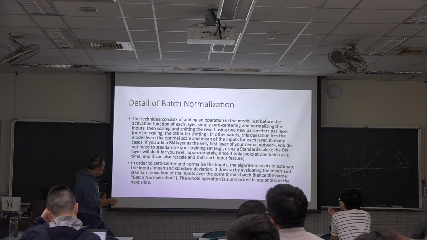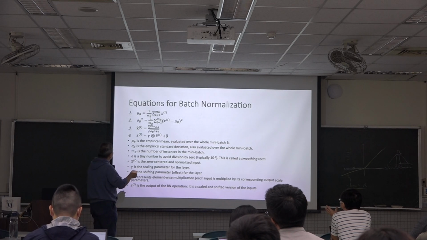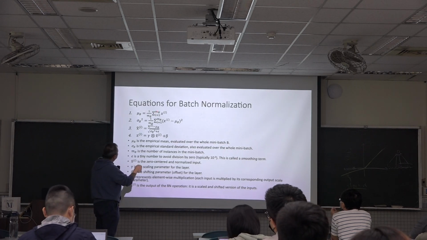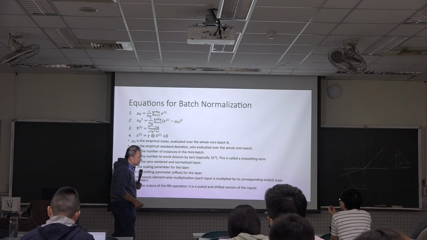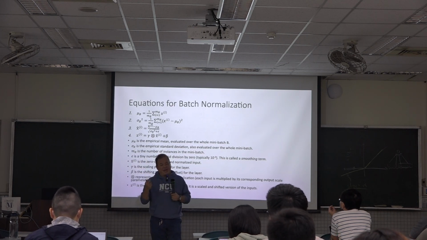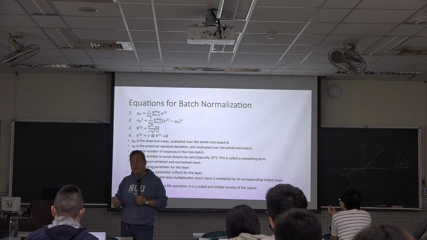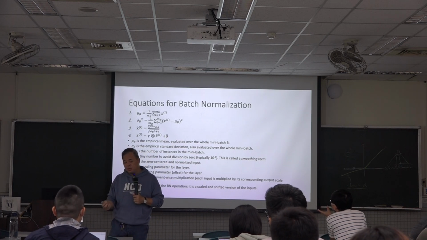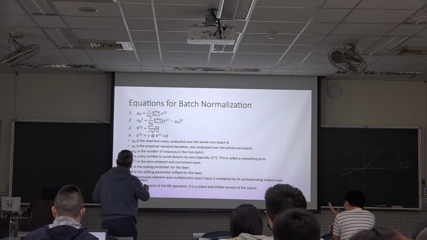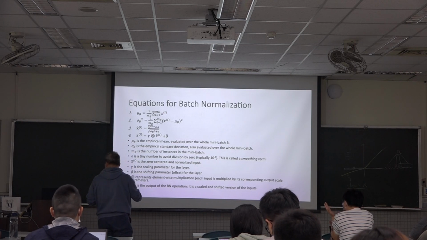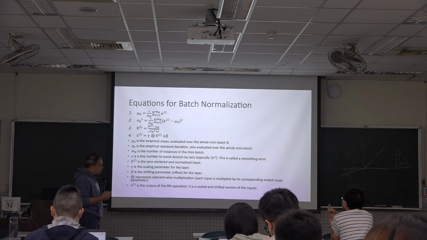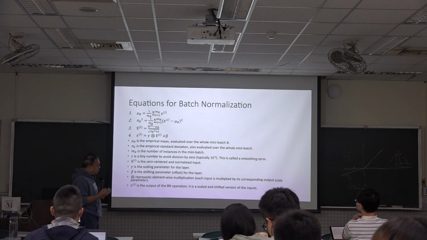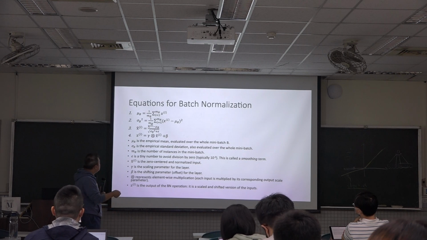So how does it work? Okay, let's look at this. This basically runs for all the instances in a batch. Most likely it's a mini batch. So for one mini batch, this X stands for a particular feature.